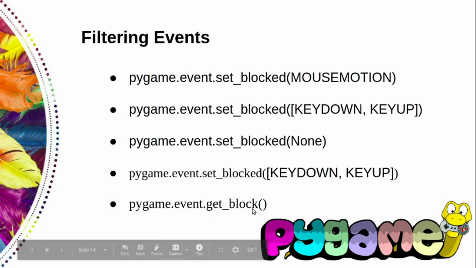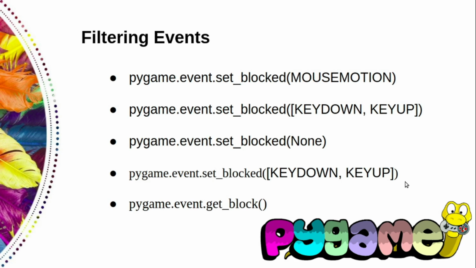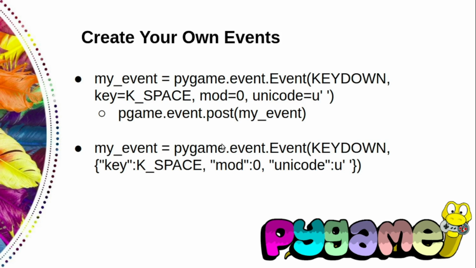Now, let's understand posting events. Generally, it is Pygame that creates all the events for you, but you can create your own events. You could use this ability to play back demos or simulate the effect of a cat walking across the keyboard.